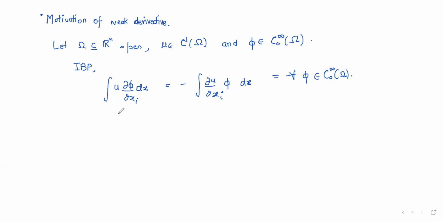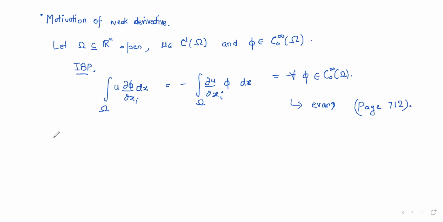You can verify this from the appendix, and this integration by parts comes from the Gauss divergence formula. You can see it in Evans, page number 712, where he has explained the notion.